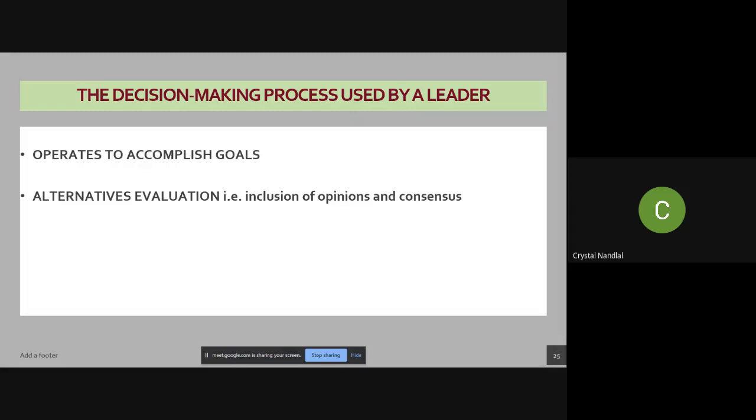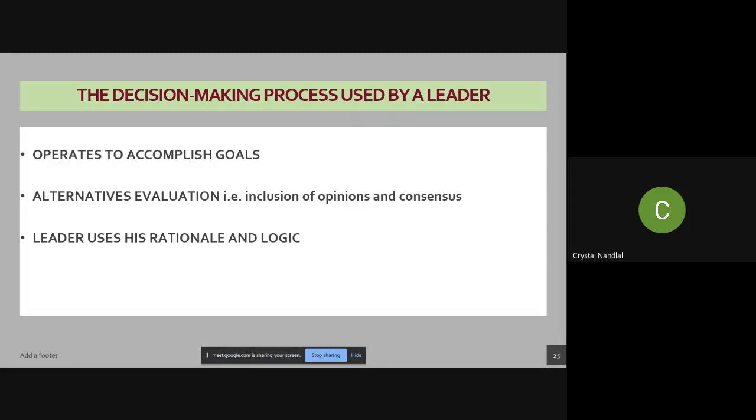So a good leader, I would say, would include the opinions of others when making a decision. You have to take into consideration what people are saying, regardless of whether they are positive or negative ideas. You still need to make sure that you hear what their needs are. But also, you have to make a rational and logical decision.